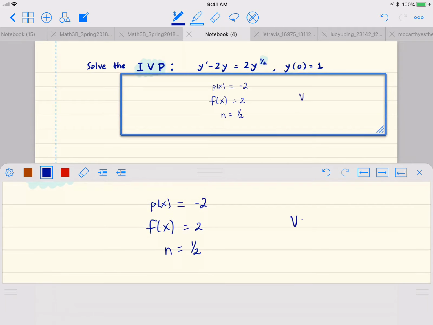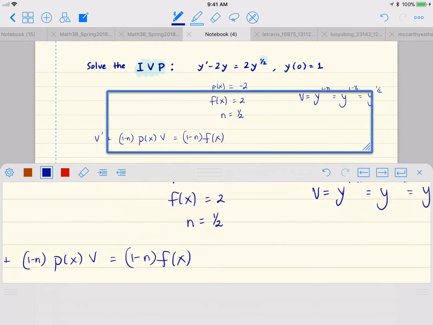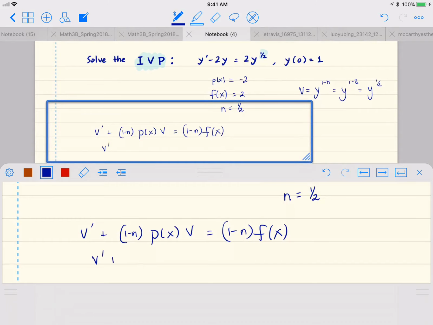So our substitution is going to be v equals y to the 1 minus n, which is y to the 1 minus 1/2, which is y to the 1/2. Our new equation is going to be v prime plus 1 minus n p of x v equals 1 minus n f of x. N is equal to 1/2. So it'll be v prime plus 1 minus 1/2.